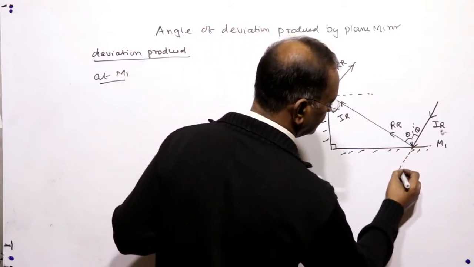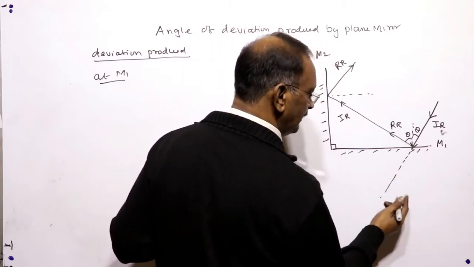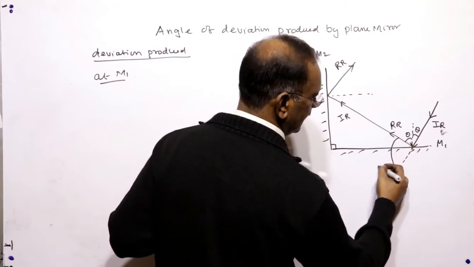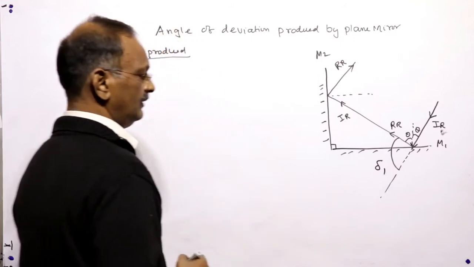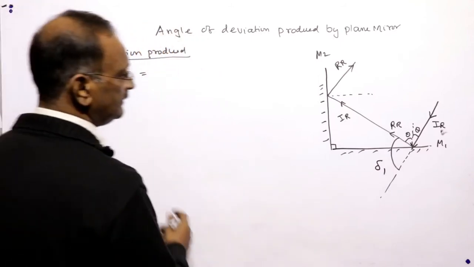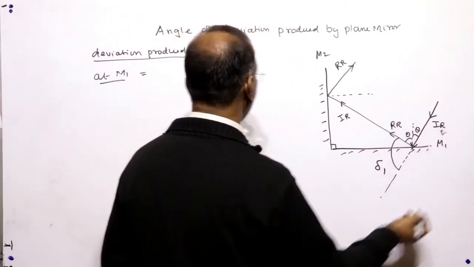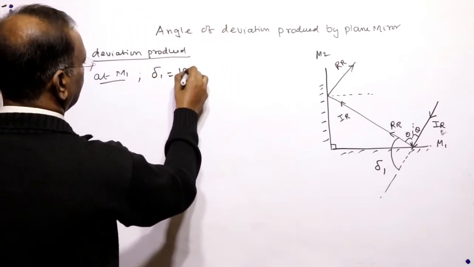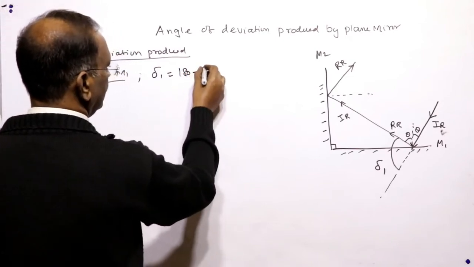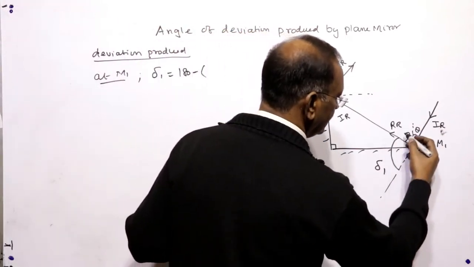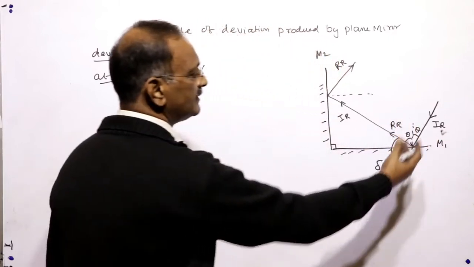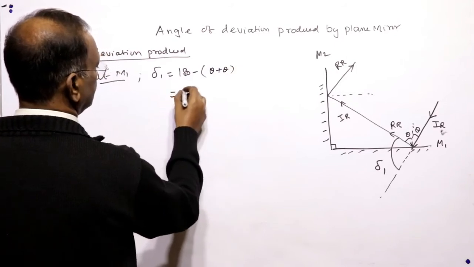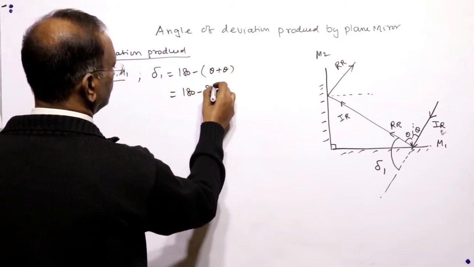Extend this incident ray forward. The angle between the incident ray and the reflected ray is the angle of deviation at mirror 1. It is equal to 180 degrees minus the angle of incidence plus the angle of reflection, that is theta plus theta, which is 180 minus 2 theta.